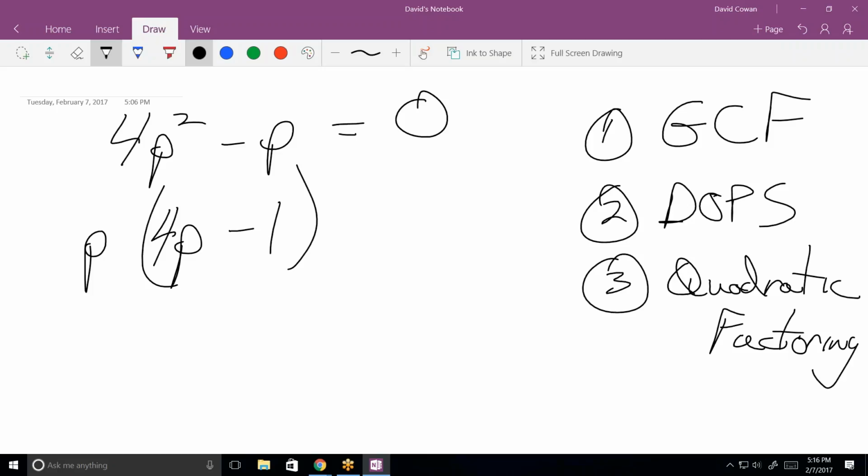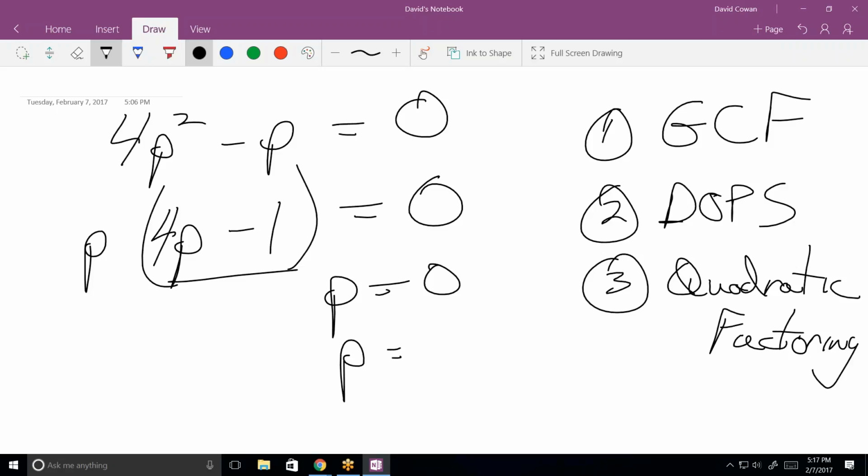Right. And now, if that's equal to 0, how do I solve it from here? Then it would be p equals 0, and then p equals 4. If we set that equal to 0, solve it. In other words, here's what we have. We have 4p minus 1 equals 0. Solve that. Hold on.